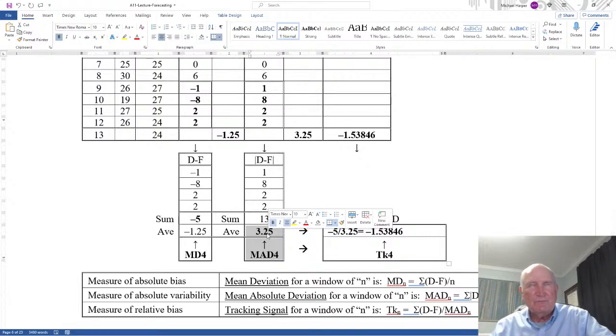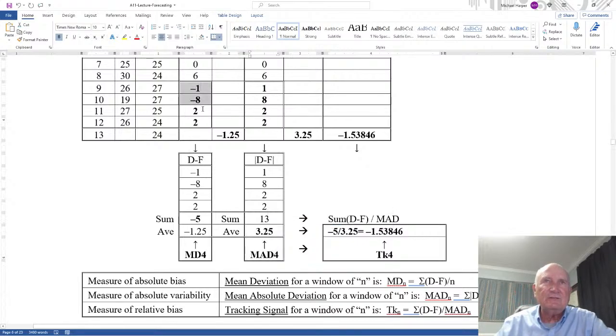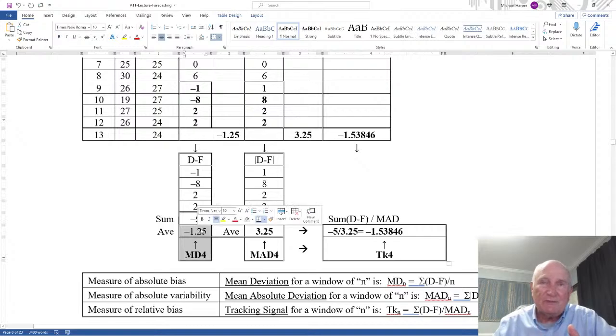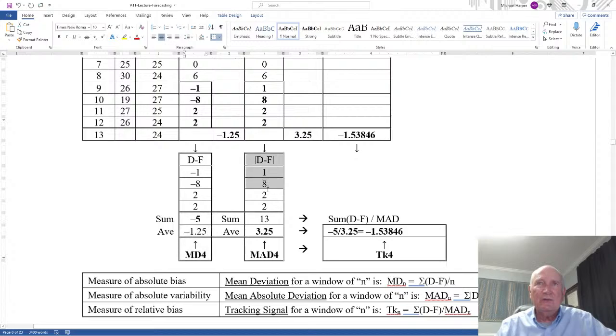Time series 2. What if these deviations for another time series were +100, -100, +100, -100? Well, the pluses and minuses will average out as before. Again, the bias is 0, which is perfect. But when I take the absolute value, the average is going to be 100. And so there's going to be a lot of variability.